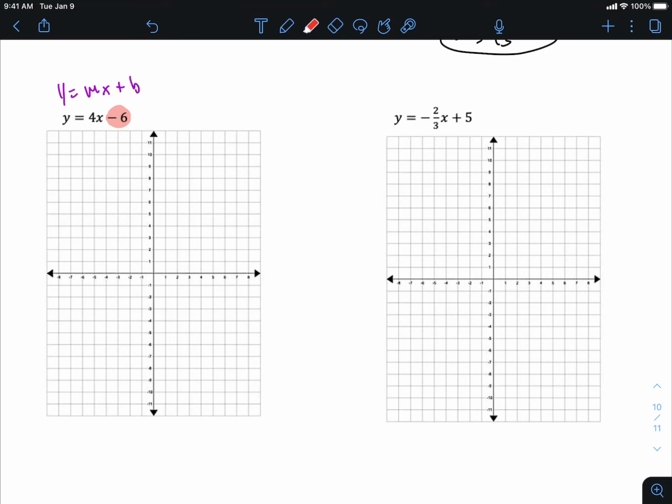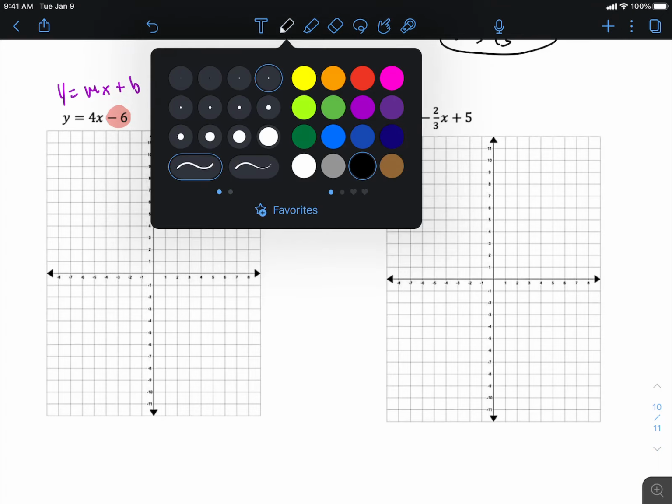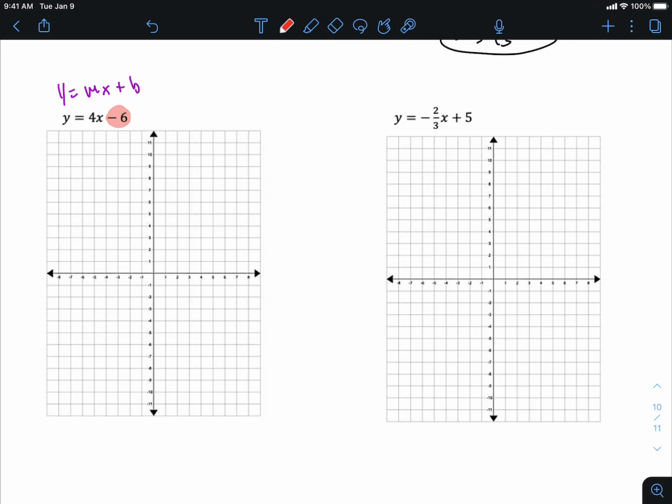Okay, so somewhere on here you're going to have to go find negative 6 on the y-axis. That's where I'm starting. You guys can take your pencil and actually mark them out to practice.